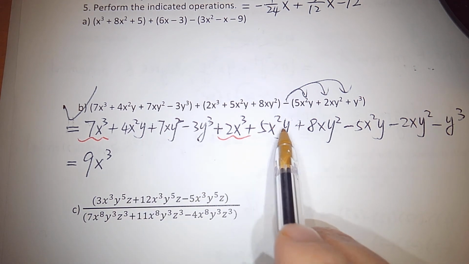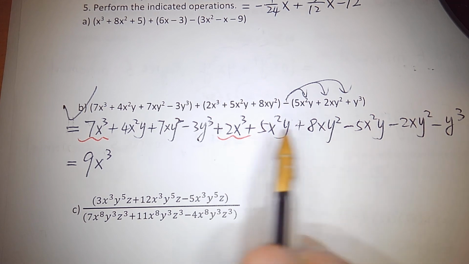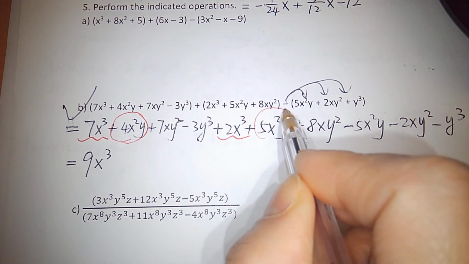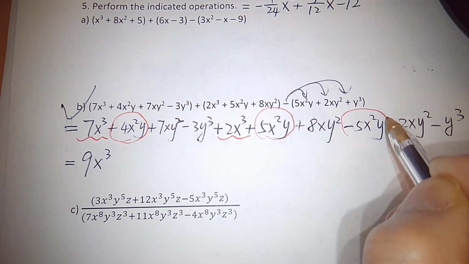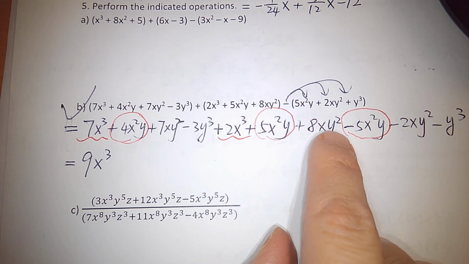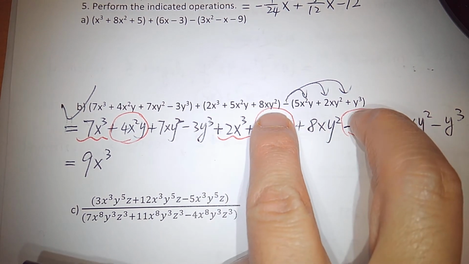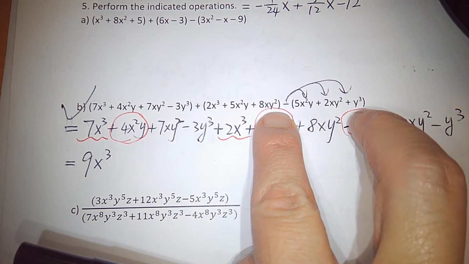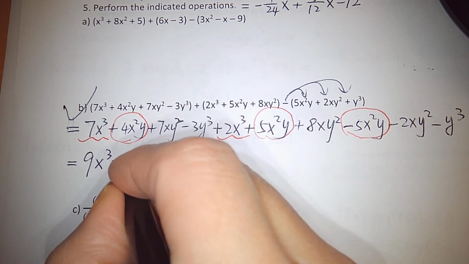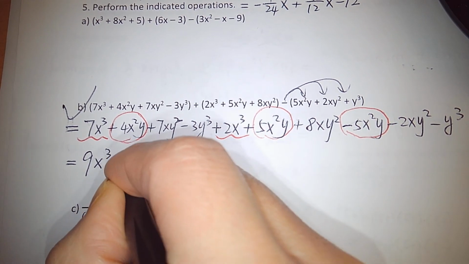This is x squared y. This is x squared y, right? So we have this term. We have x squared y, x squared y. Positive 5 minus 5, gone, right? So only 4x squared y is left.